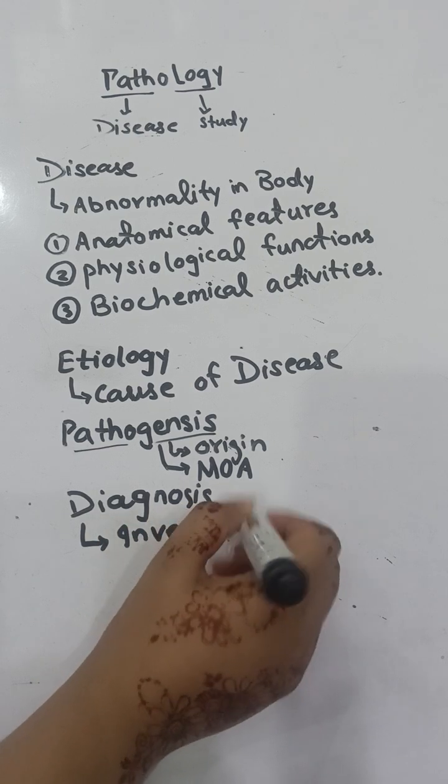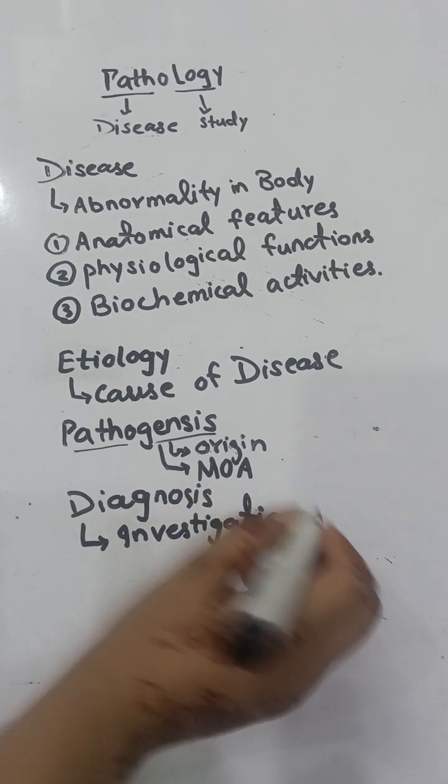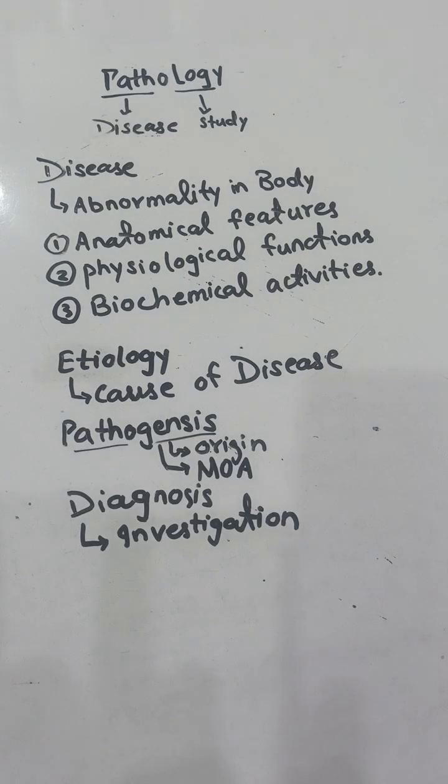We are going to investigate whether this person has this disease or not. After that, we diagnose two types of things in a person. Whenever any kind of disease occurs, we diagnose two things. What two things do we diagnose?